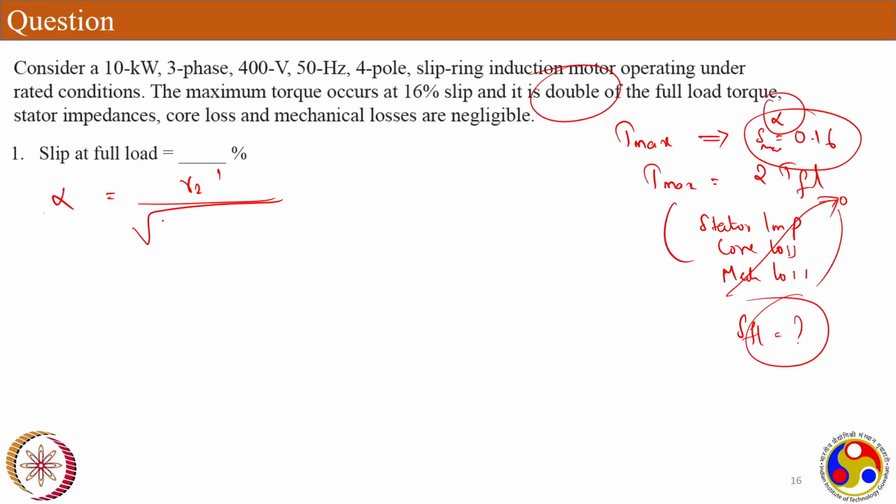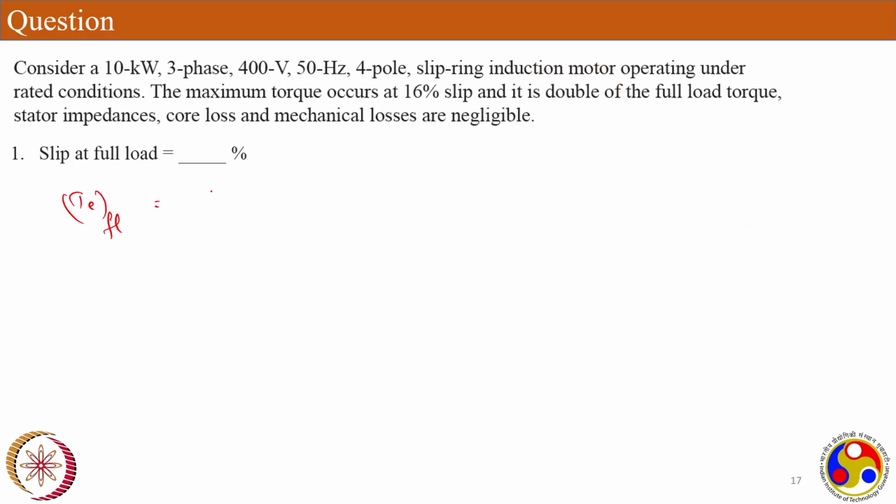Now if you substitute the Thevenin's terms as zeros, neglecting the stator impedances and all, you will have TE full load. I'm substituting RTH 0 and all the Thevenin's terms 0. VTH will be the input V1, so 3V1 square by 2 pi ns.